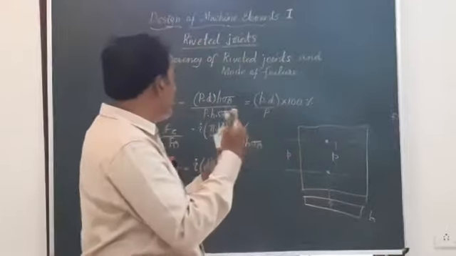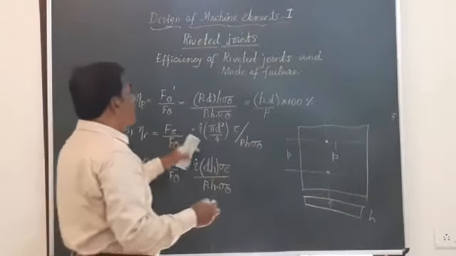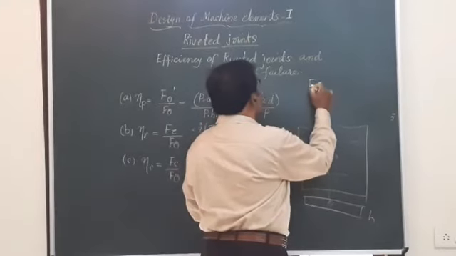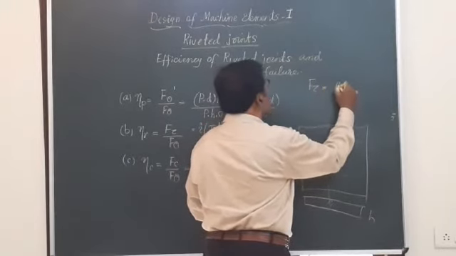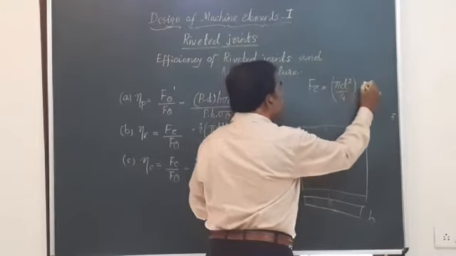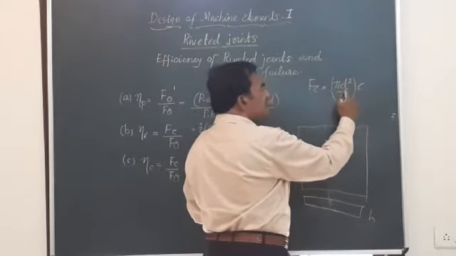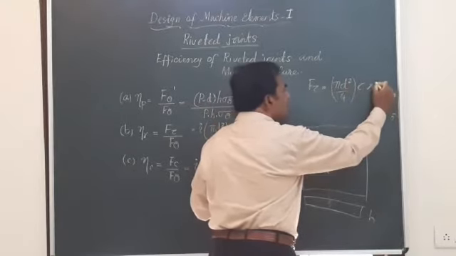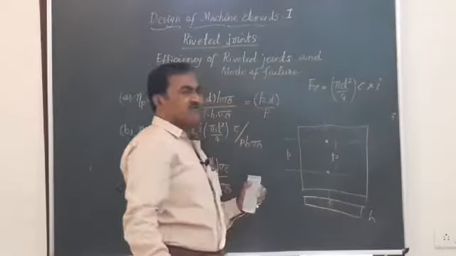Total area multiplied by the shear strength is given by, so I will just write down here, this F2 shear strength is equal to pi d square by 4, the area, into tau. Area into tau will give the load or the total strength, multiplied by I, the number of rivets.